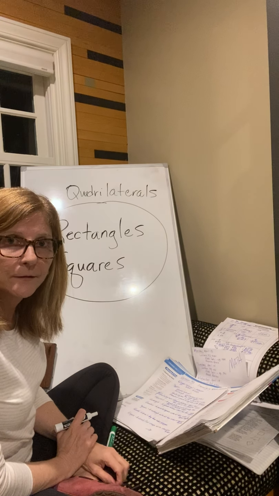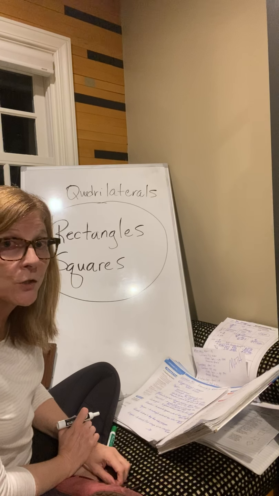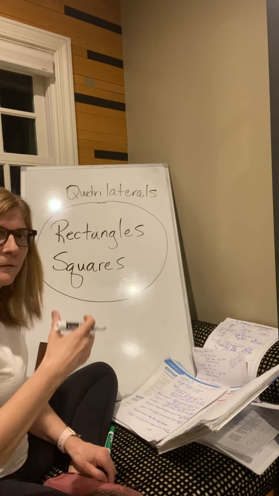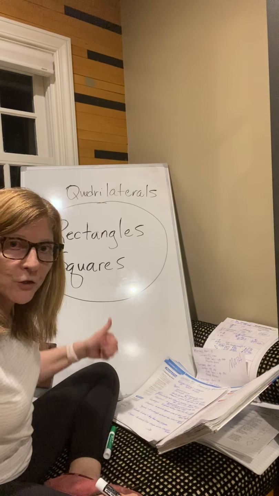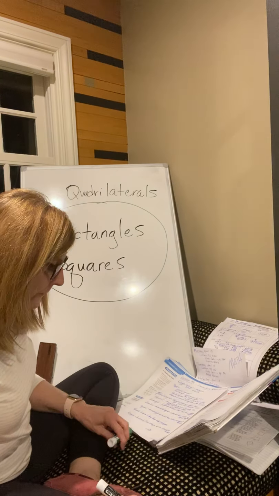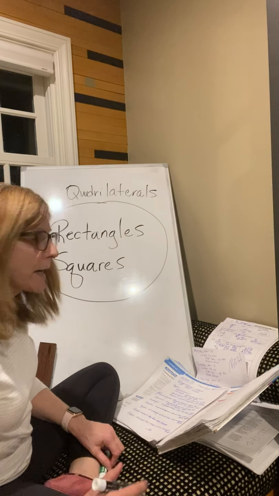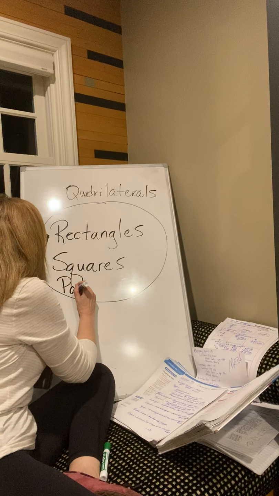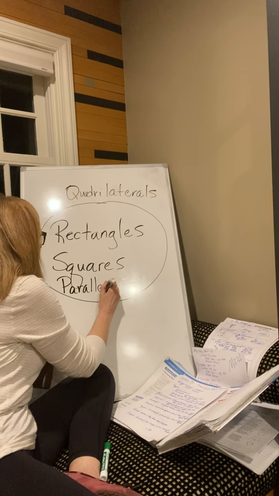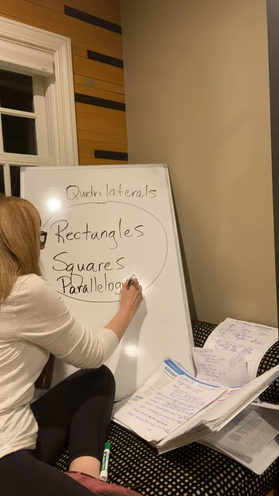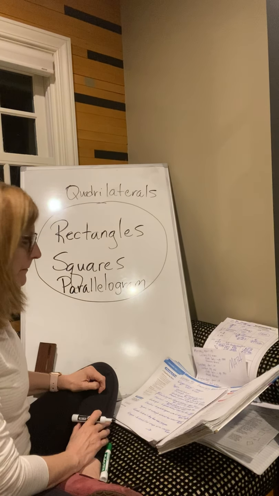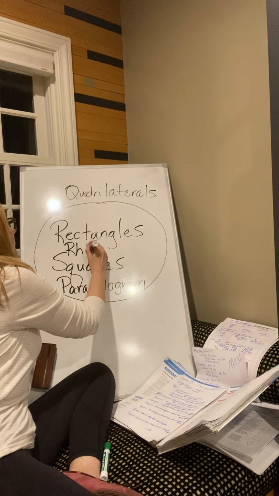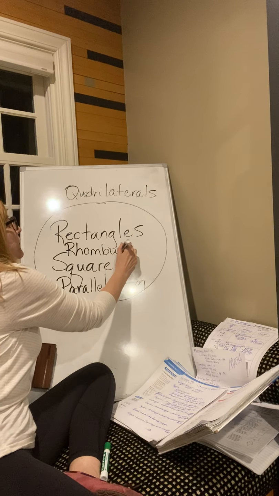Guess what? There's more than just rectangles and squares. And we've kind of studied some of them, but we're going to actually name them all now and figure out how they're all different. A parallelogram is a quadrilateral. It has 4 sides. A rhombus is a quadrilateral.